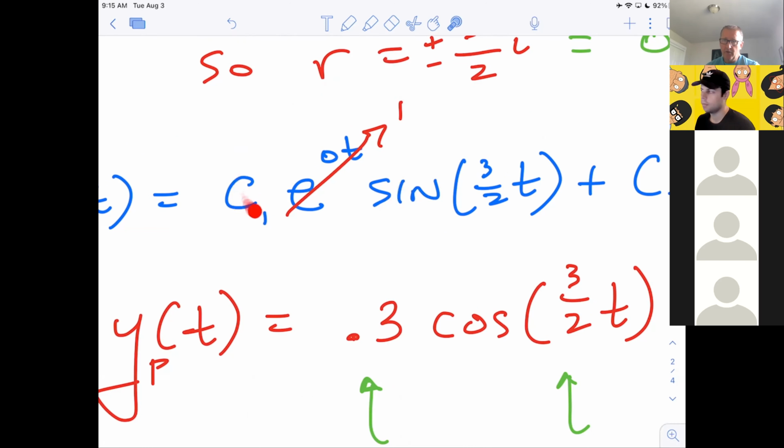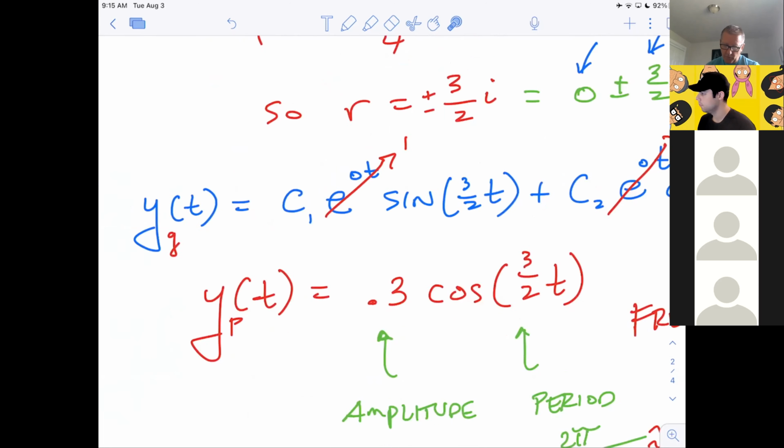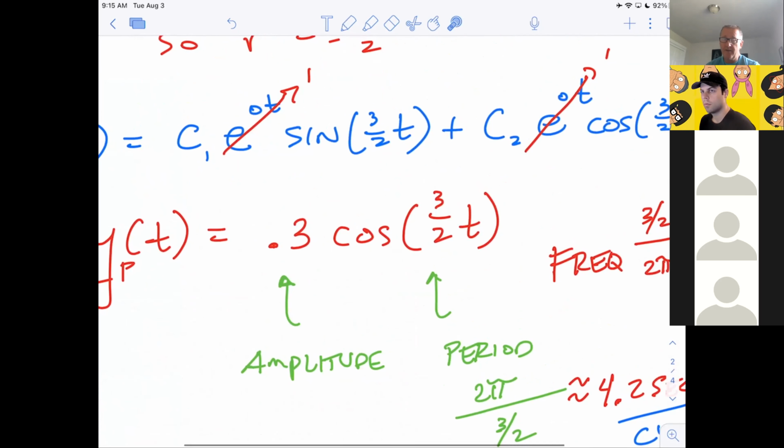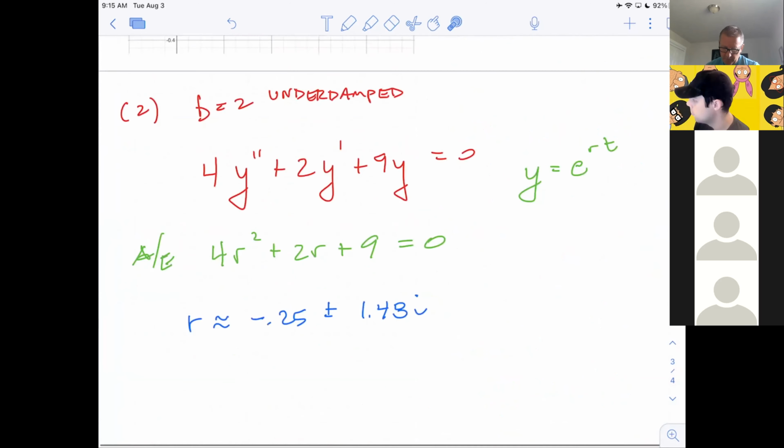The e term is not going to go away. Does that make sense? Because it's not going to be 0t. It's going to be like a number. So it's going to have e's and trig in it. So this is kind of the worst case scenario, or at least we have to do the most work, but it's the same exact format. Whenever you get a complex answer, you just have e's and sines. Again, look at your note sheet so that you can do this smoothly for a test, because you're definitely going to see this.